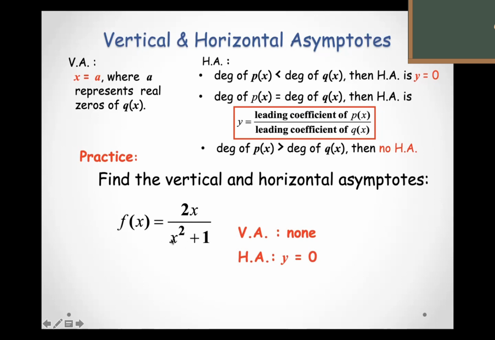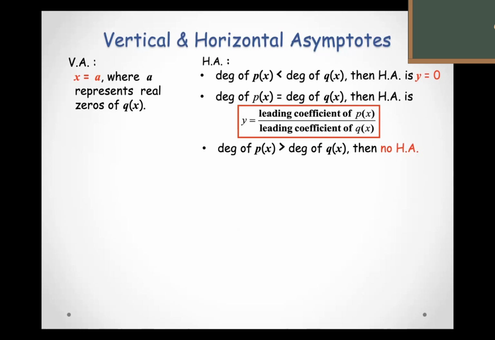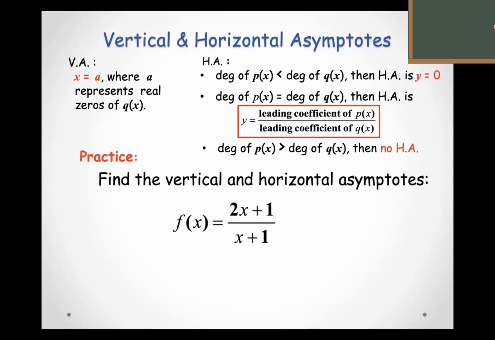If you have negative 1 squared, that is 1, plus 1 is 2. There are no zeros of the denominator, so there's no vertical asymptote. While for the horizontal, look at the degree. The degree of the numerator is 1, the degree of the denominator is 2. So, y equals 0 is the horizontal asymptote. Not factorable, thus no real roots.